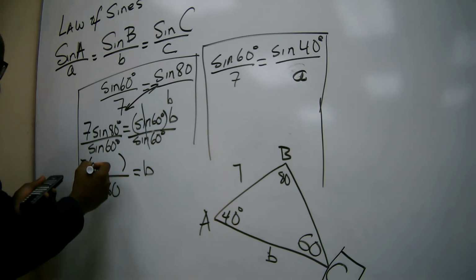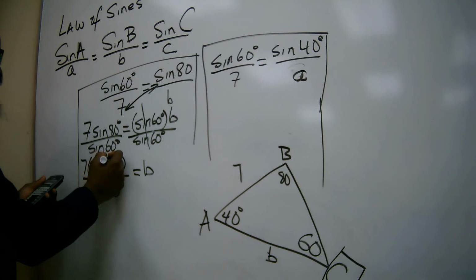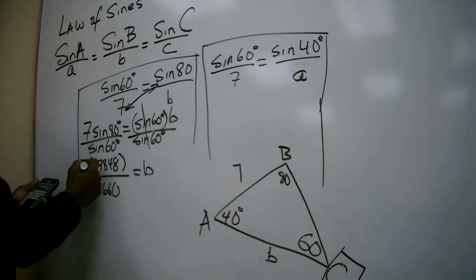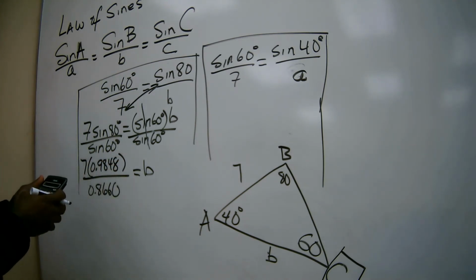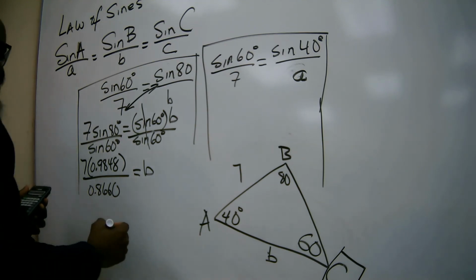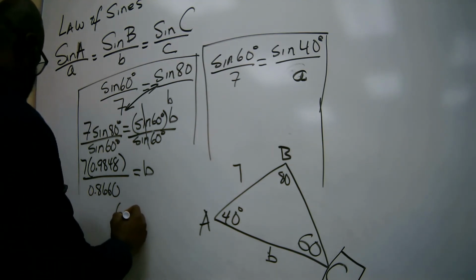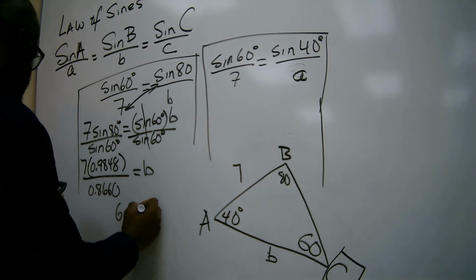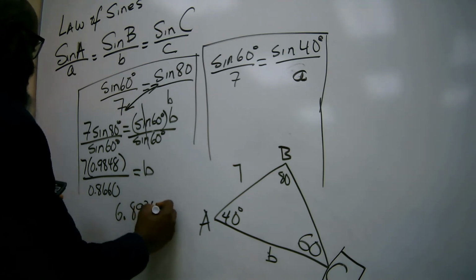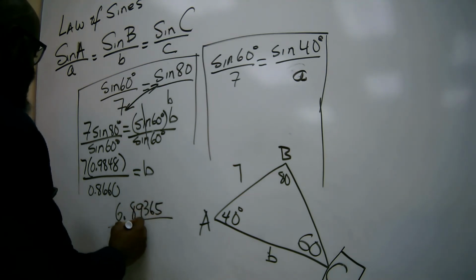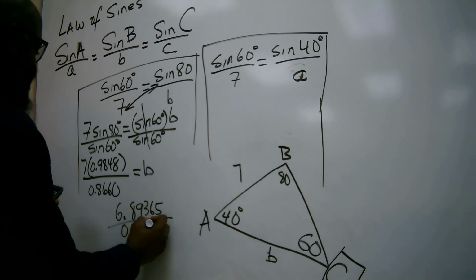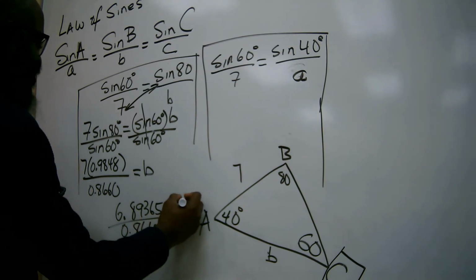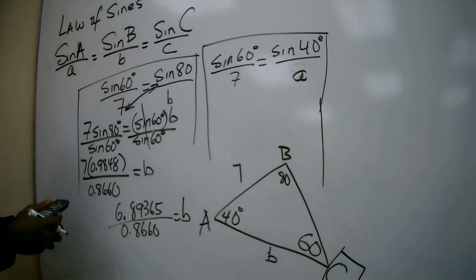So when you do the computation in your calculator and you know where those numbers are coming from, you multiply this by 7 and you will end up with 6.89365. Then you divide by 0.8660. That will tell you what b is.